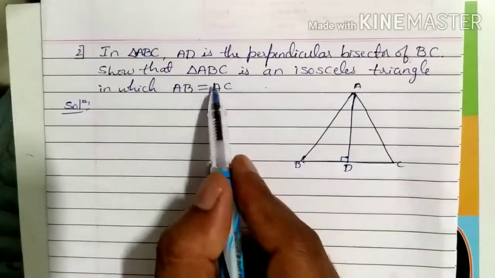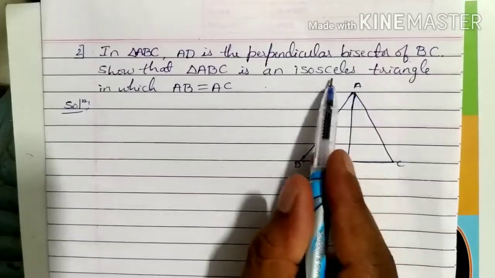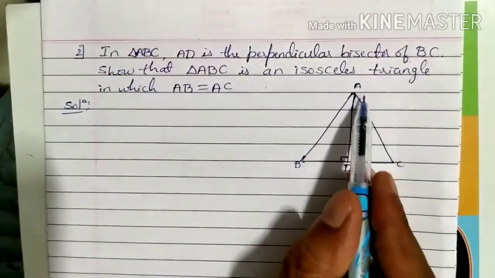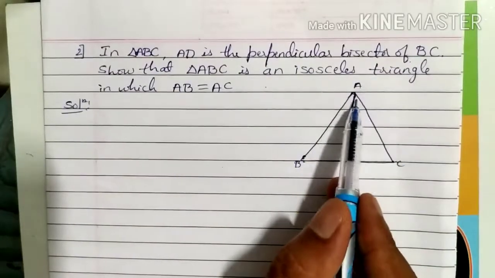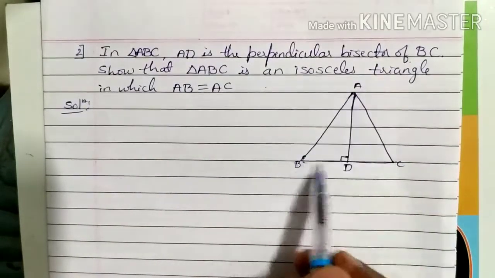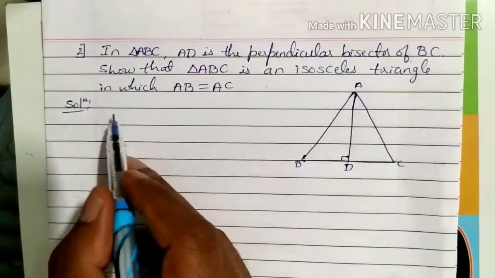Show that triangle ABC is an isosceles triangle. We have to prove that ABC is an isosceles triangle with AB equal to AC. Isosceles triangle means two sides will be equal, or two angles. So, solution.